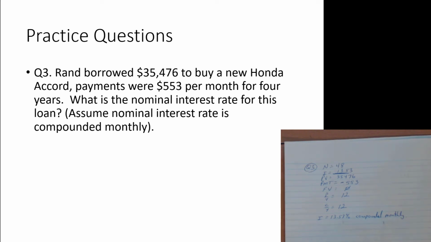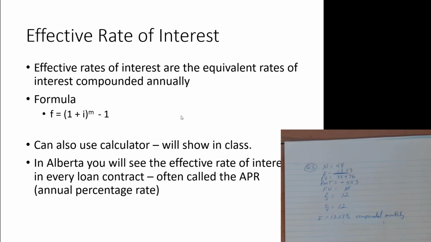Now, one last thing to talk about, and that is the effective annual rate. So the effective rate of interest. Now, effective rates of interest are the equivalent rates of interest compounded annually.